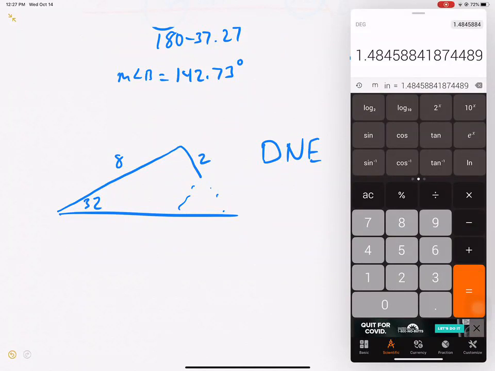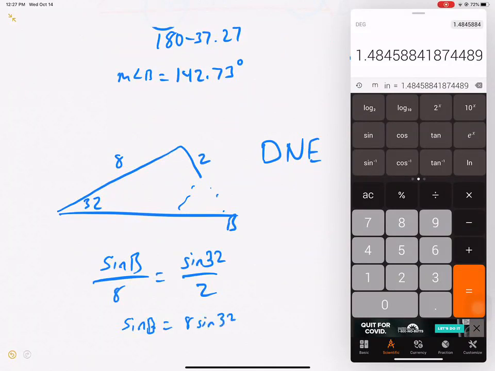So if I set this up, let's solve for angle, call this B again. Sine of B over 8 is equal to sine of 32 over 2. If I plug this in my calculator, sine of B is equal to 8 sine of 32 over 2. 8 times 32 sine equals, divided by 2 equals.